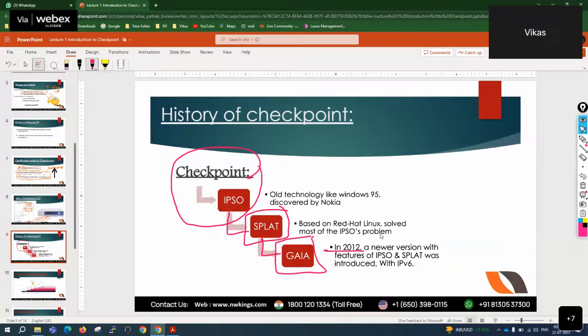Back in 2012, they launched this Gaia, and now they are at version R81.10. This is the current running version in the market for Check Point. And if you talk about our labs, we will be discussing R81.